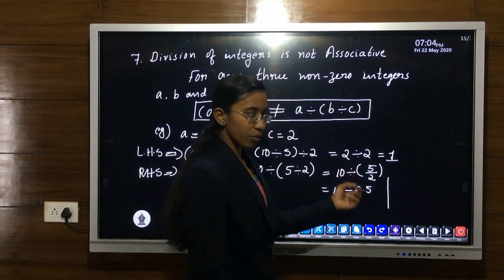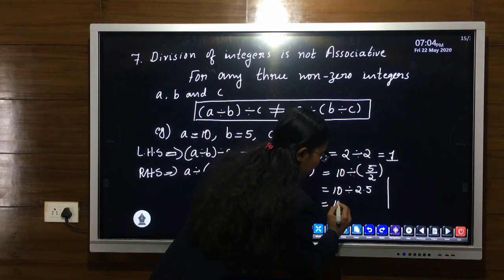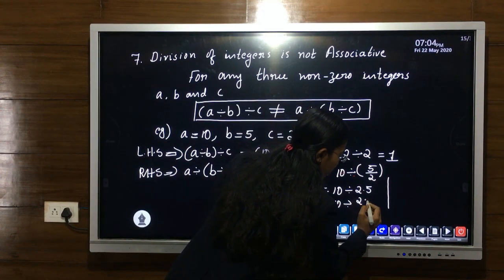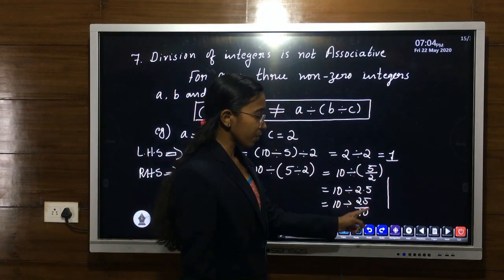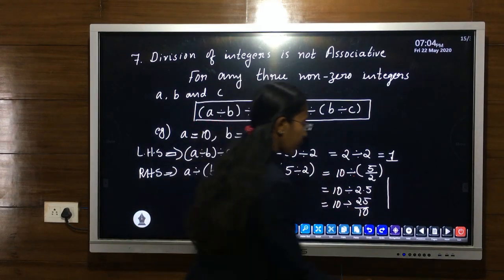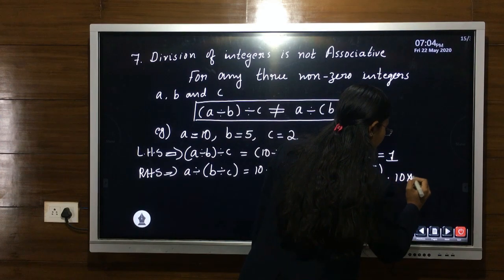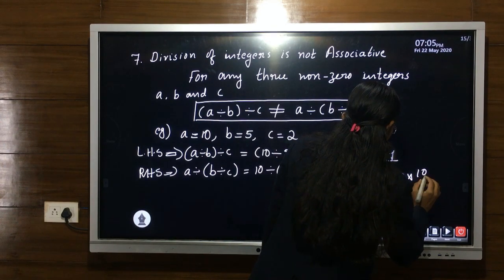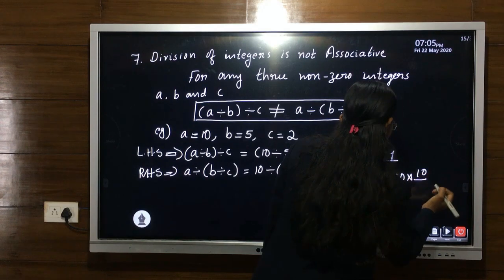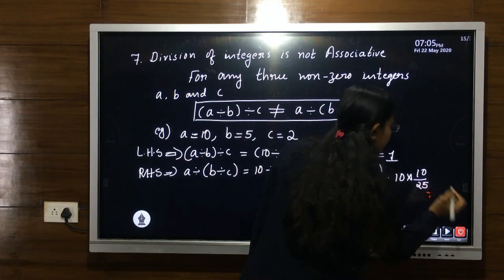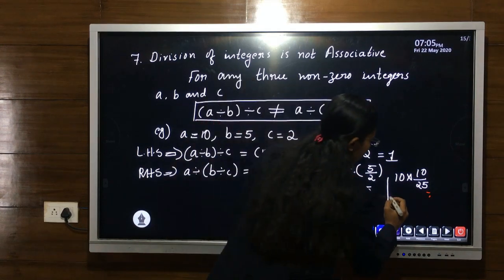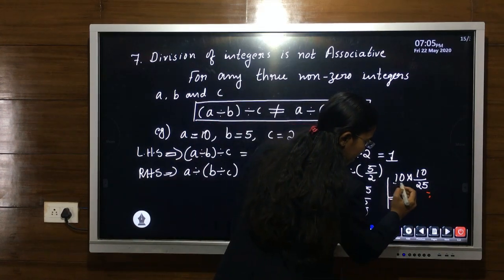Okay, just convert this decimal to fraction, that is 10 divided by 25 by 10, and take the reciprocal of second term and multiply it, that is 10 into 10 divided by 25. Now what is the answer?